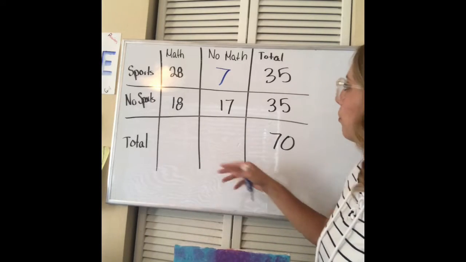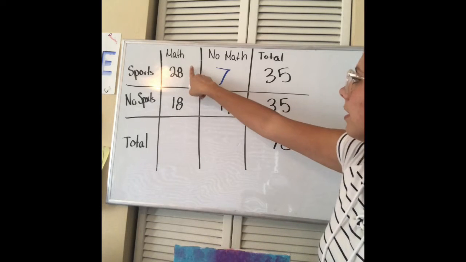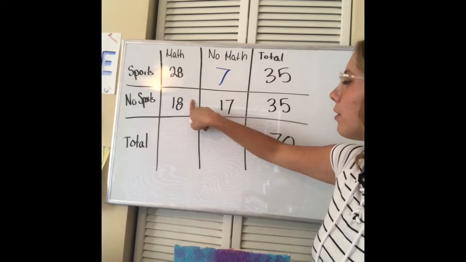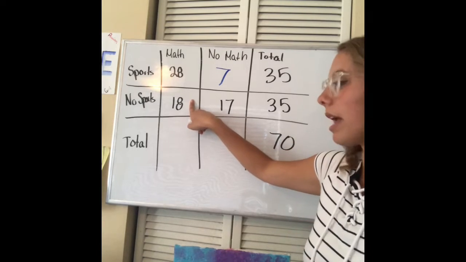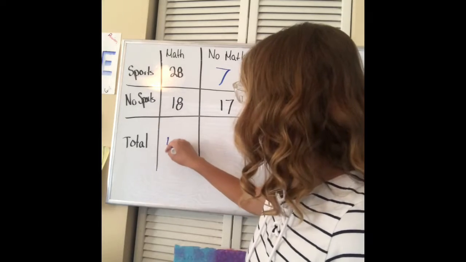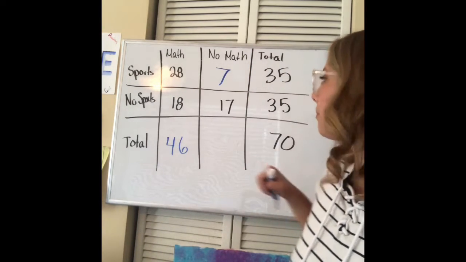Now coming down this way, the total number of students who like math is just the students who like math and sports plus the students who like math and don't like sports, which is 46. 46 total students like math.